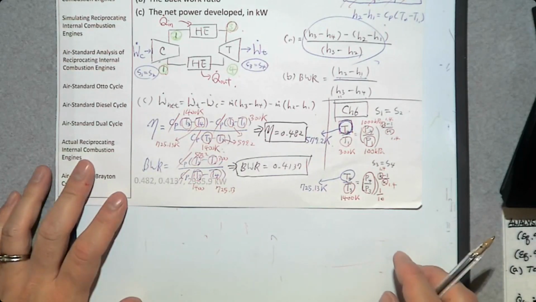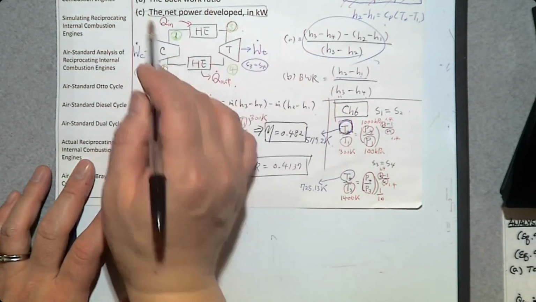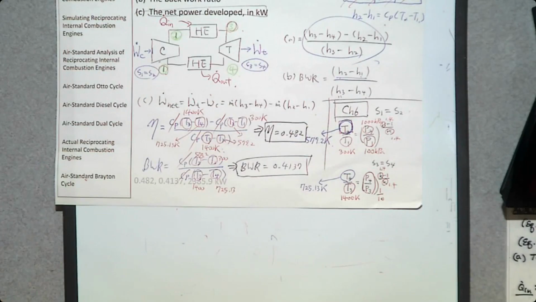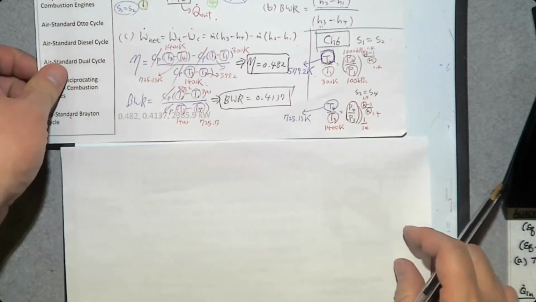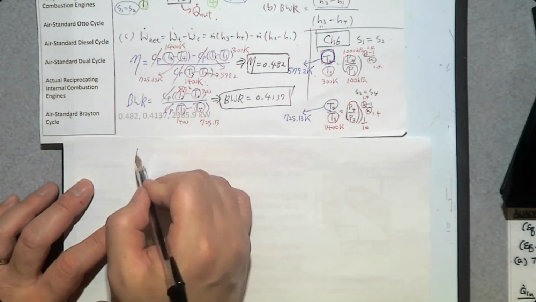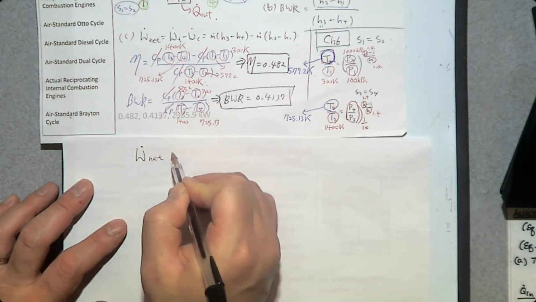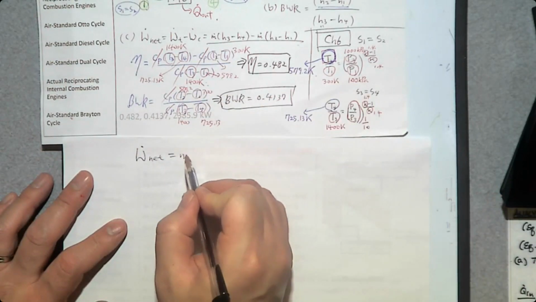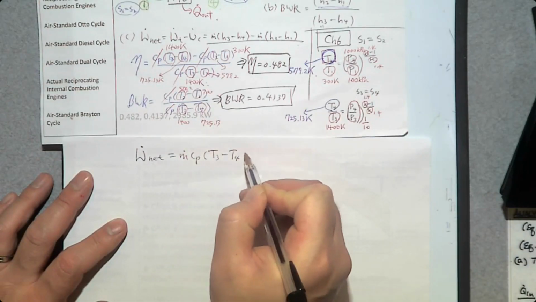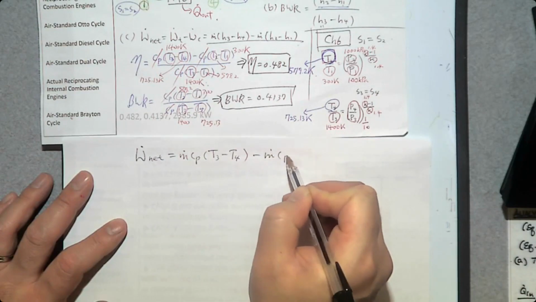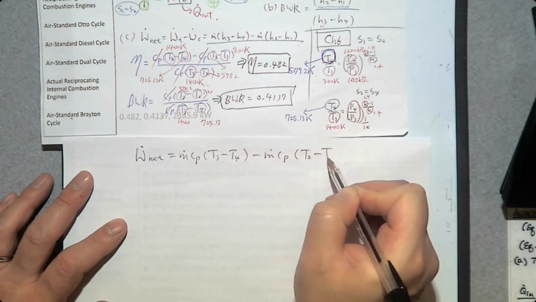Finally, the net power developed. W dot net can be determined by this one: M dot Cp (T3 minus T4) minus M dot Cp (T2 minus T1).